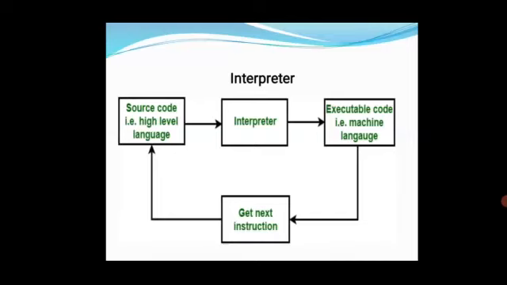So we have to convert the human understandable format, that means the high level programming language, into machine level. We need a translator, that means a language processor. With the help of the translator, we can convert the high level programming language into machine level language. Is it clear, student? Okay.